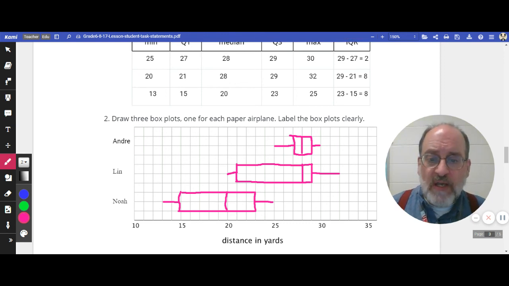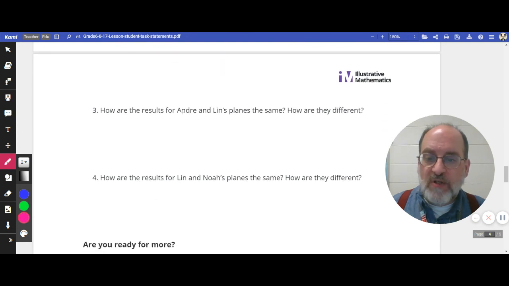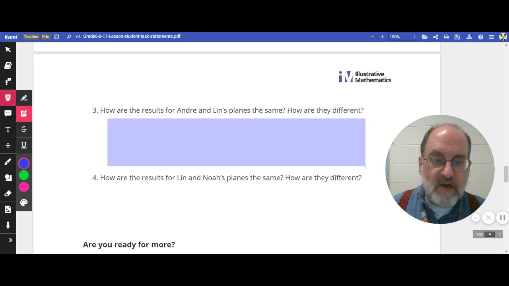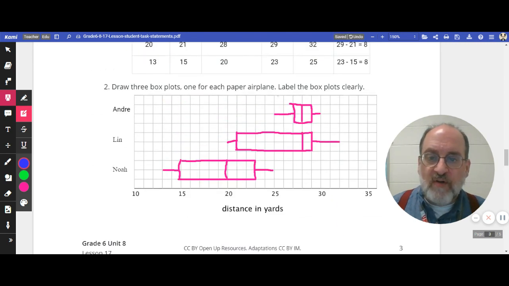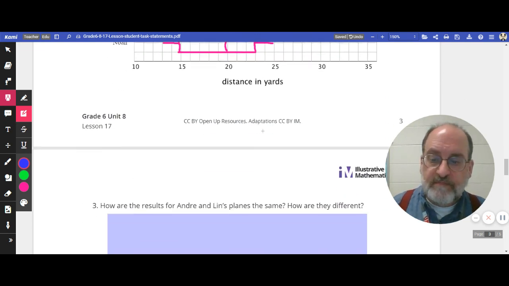Now, the reason I'm talking about this is that on the next page, I want you to compare Andre and Lynn and tell me how they're the same and how they are different. So this is something that you need to fill in here. So for Andre and Lynn, you might talk about the fact that their medians were the same, but their spreads, their IQRs, were very different.